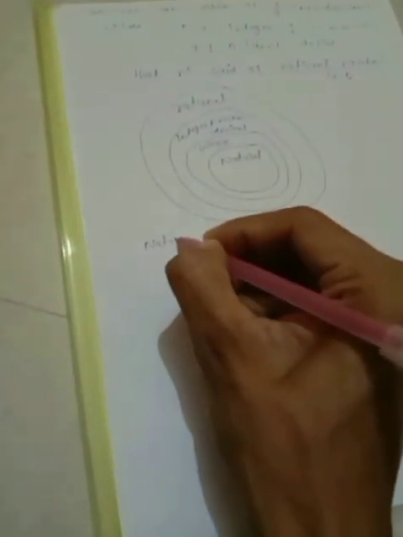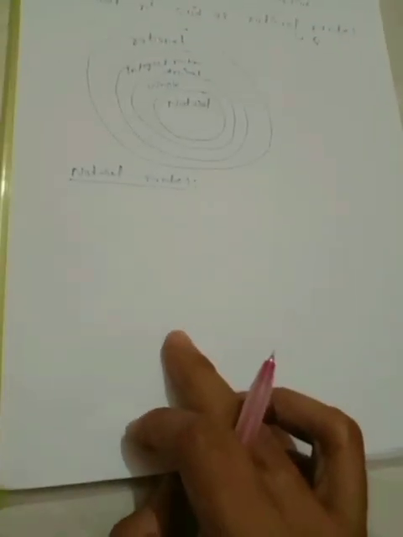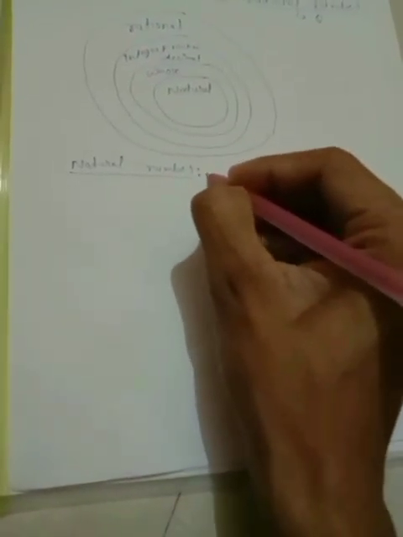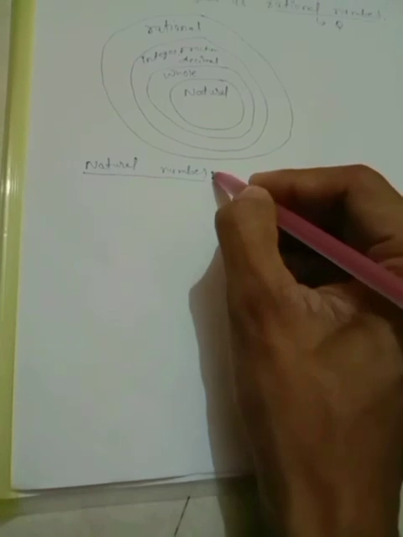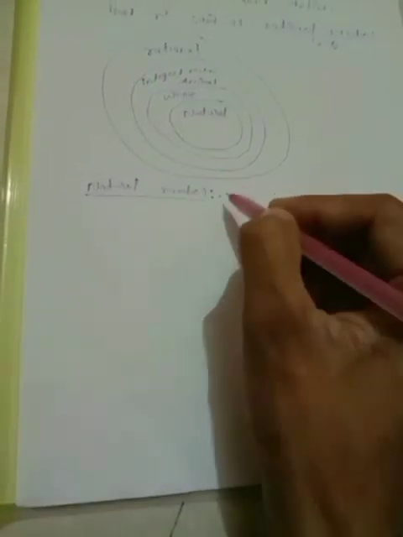First one, natural number. The word natural is closely related to nature, yes or no? Natural means which is related to nature. It means the number which was invented initially.